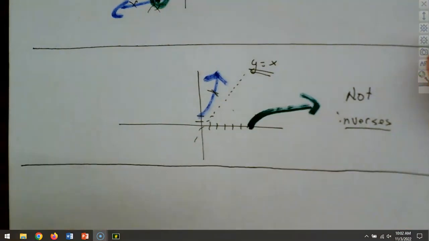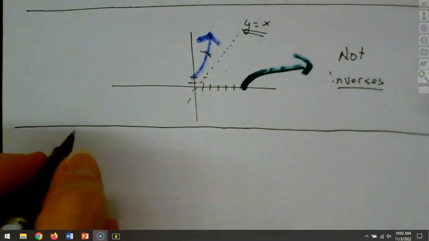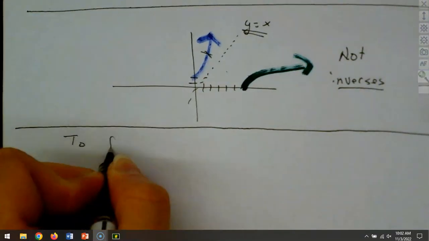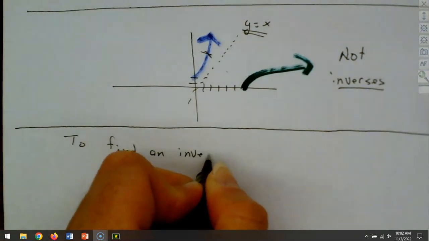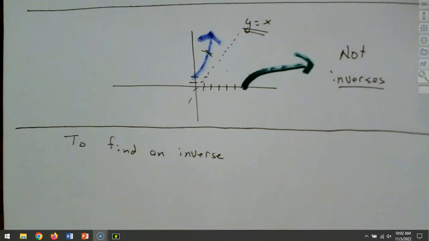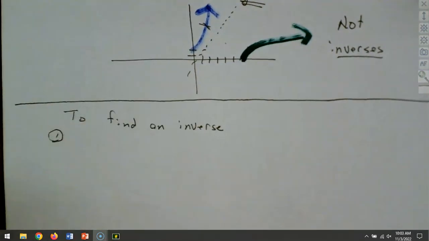Now what we're going to do, and this is what most of this section is going to be, is finding the inverses. So we're going to be looking at these algebraically, and we're going to be finding the inverses. And here's how you do it. To find an inverse, first thing you do is you check to see if the inverse exists.